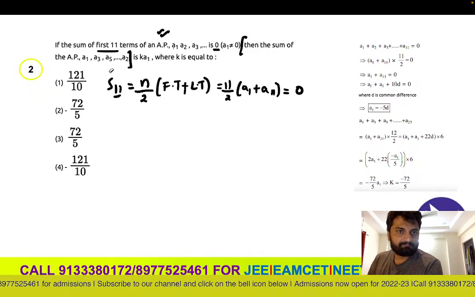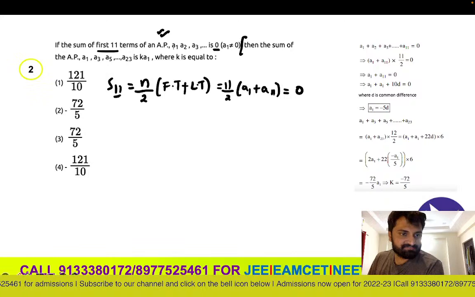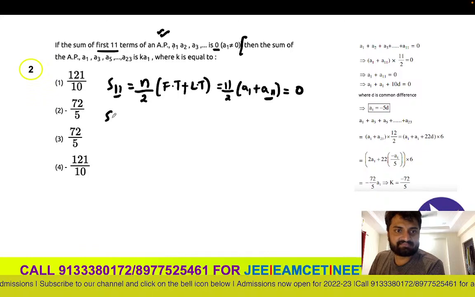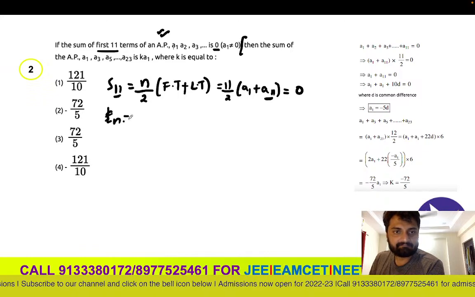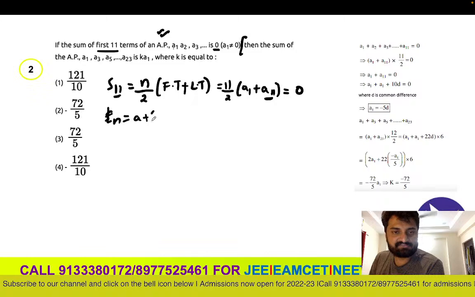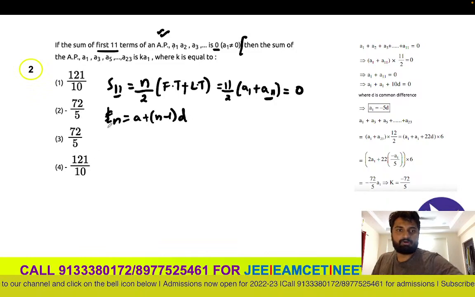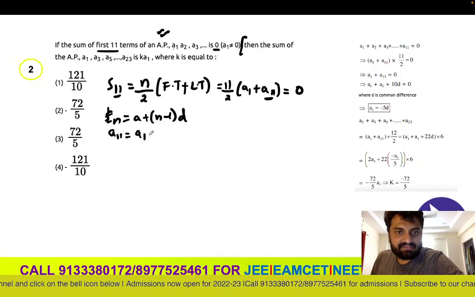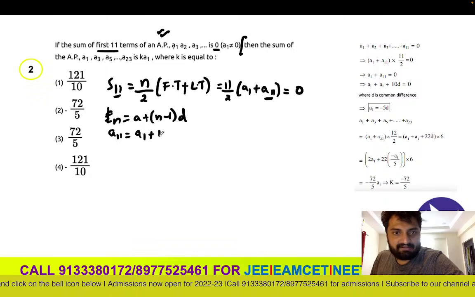So this is the first equation which we got. Let's try to simplify further. What is the nth term in an AP? Tn is A plus n minus 1 into D. So what will be A11 now? The first term is A1 plus 11 minus 1, which is 10, D as it is.